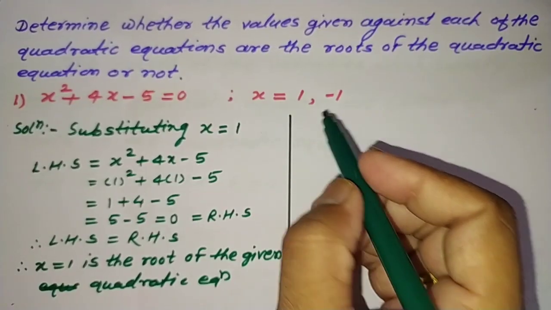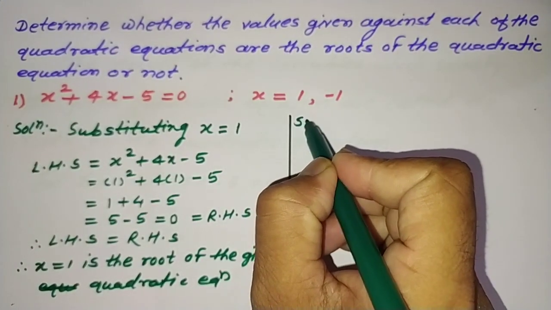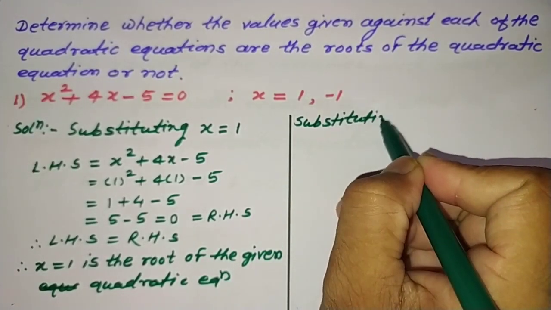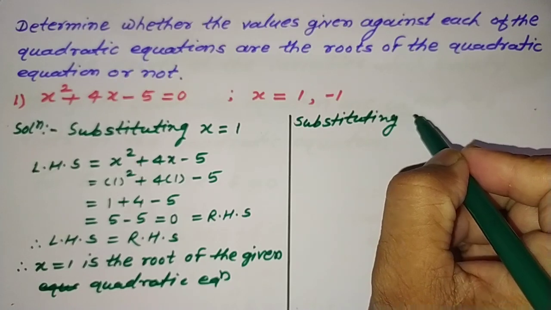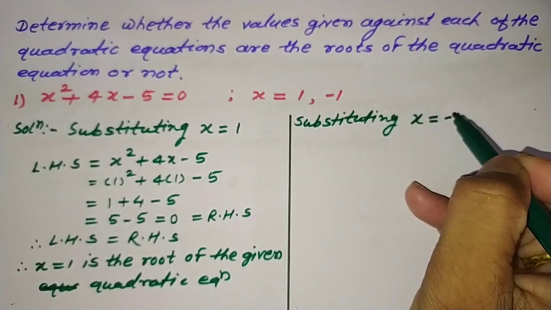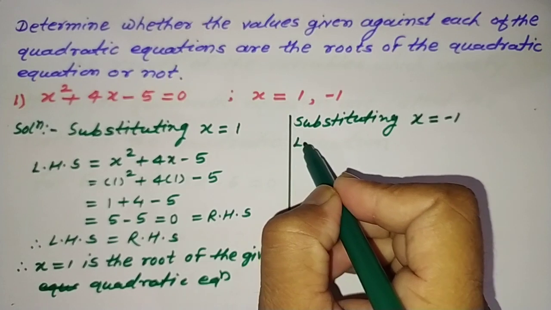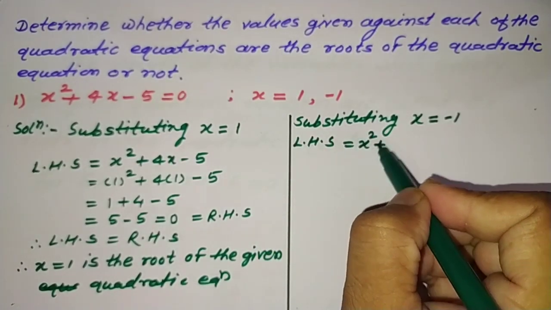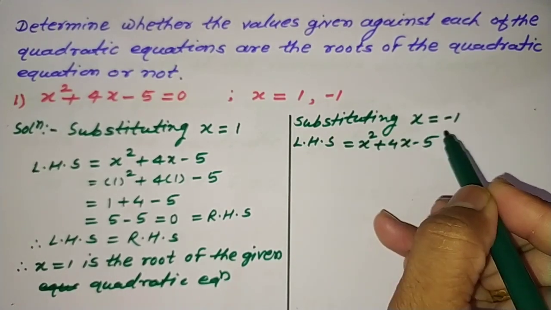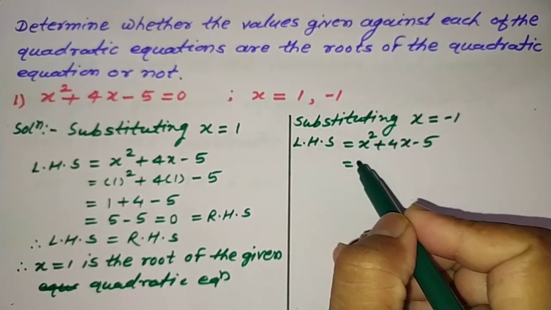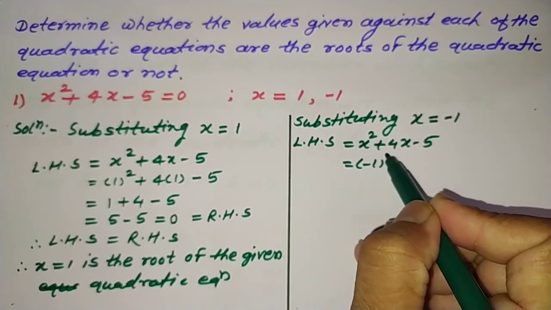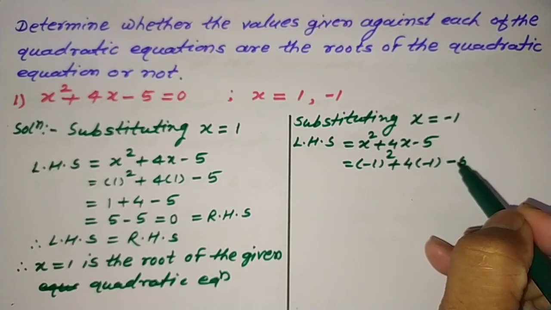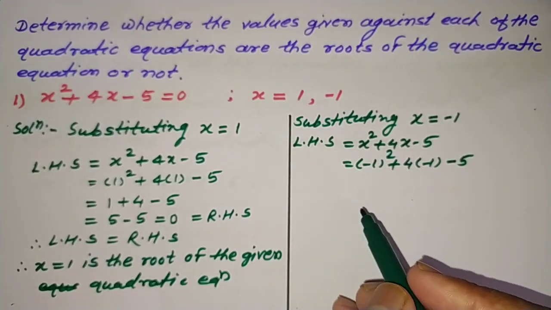Next, the value minus 1. Substituting the value of x is equal to minus 1 in this equation, left hand side: x square plus 4x minus 5 is minus 1 square plus 4 into minus 1 minus 5.